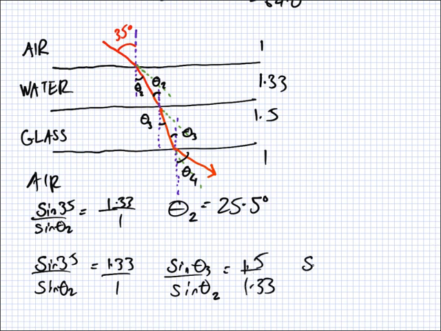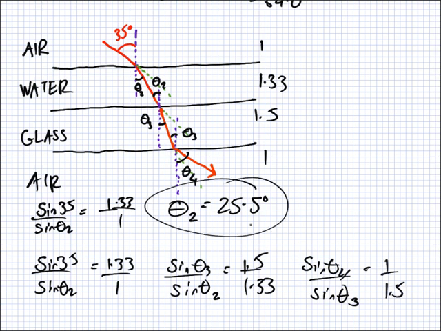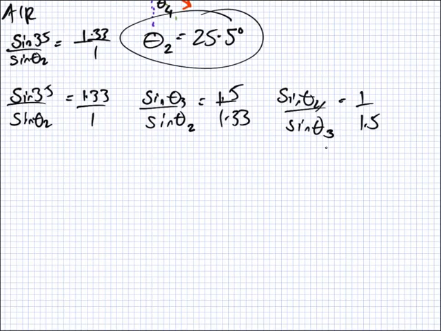And then sine theta 4 over sine theta 3 is 1 over 1.5. We know theta 2, and we want theta 4, so we need to know sine theta 3.